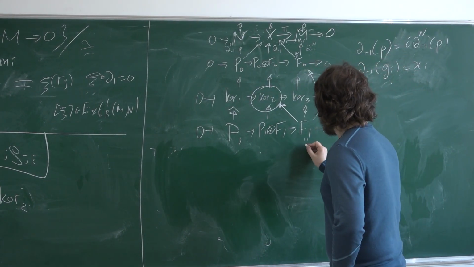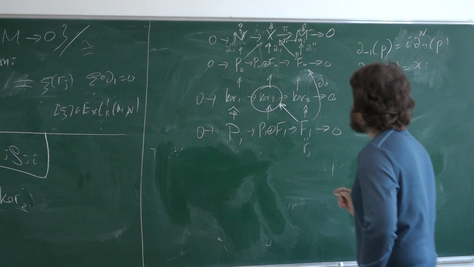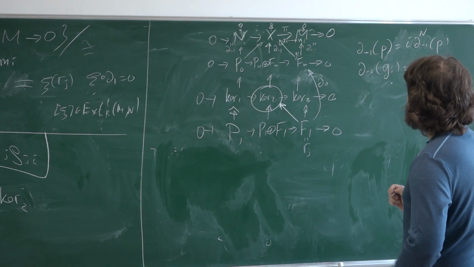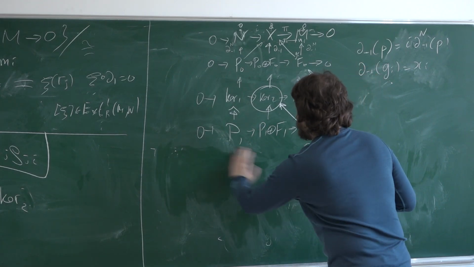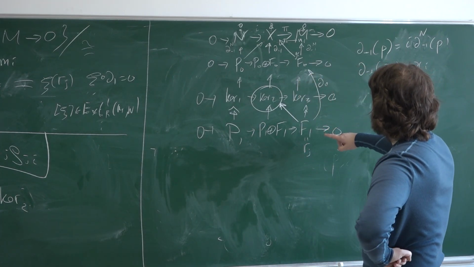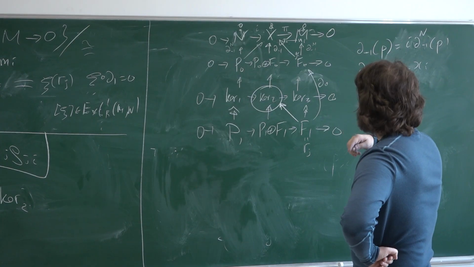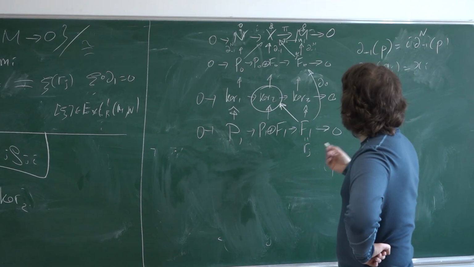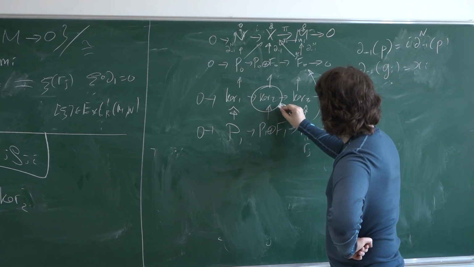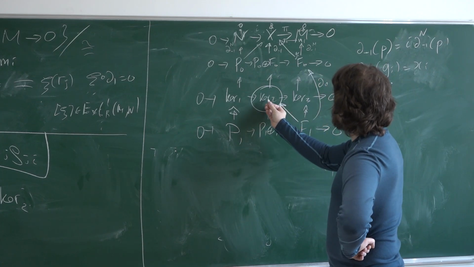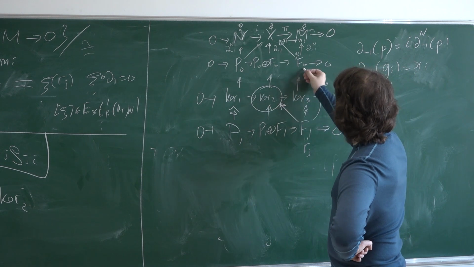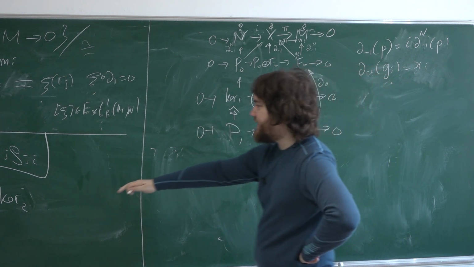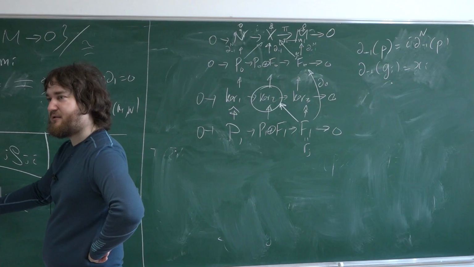It has basis rj, and we need some map which, if we consider composition to kernel 3 and then to F0, is just projection on the second direct sum.